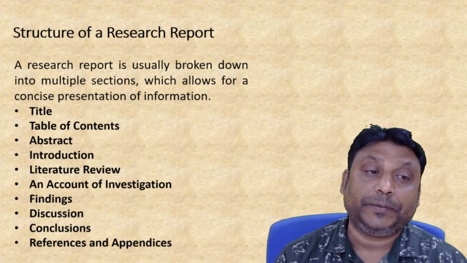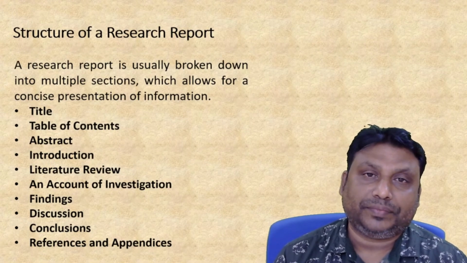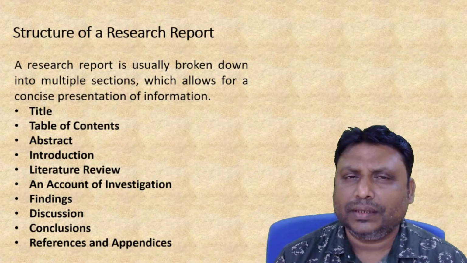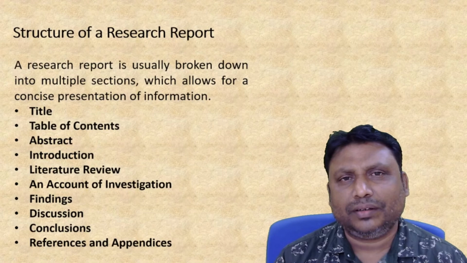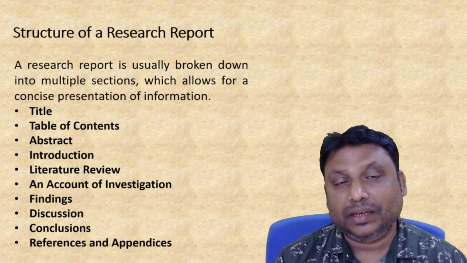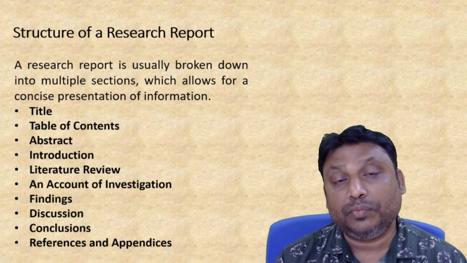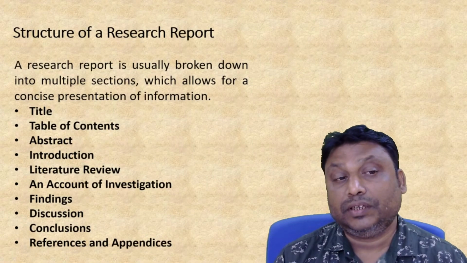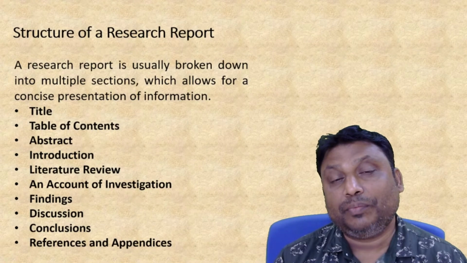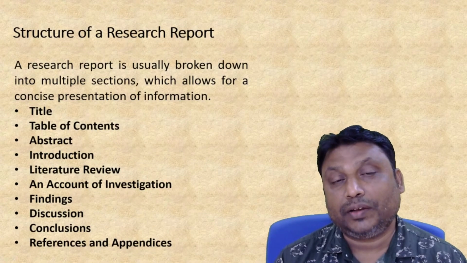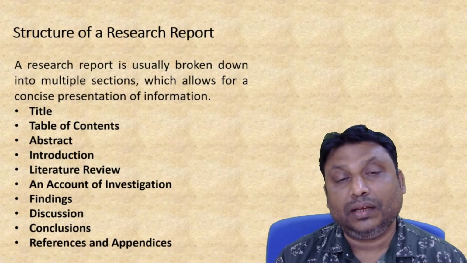You remember this one. The first one is the title. Obviously, your title should be suitable for your research study. So how can you find this title? Before you do your research work, first you go for the literature review.